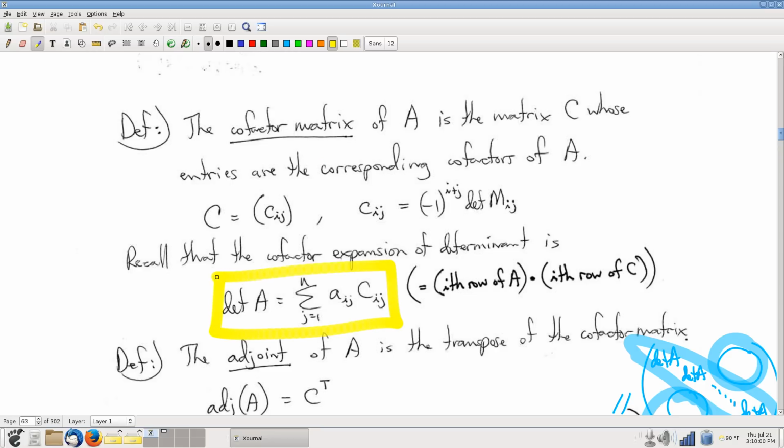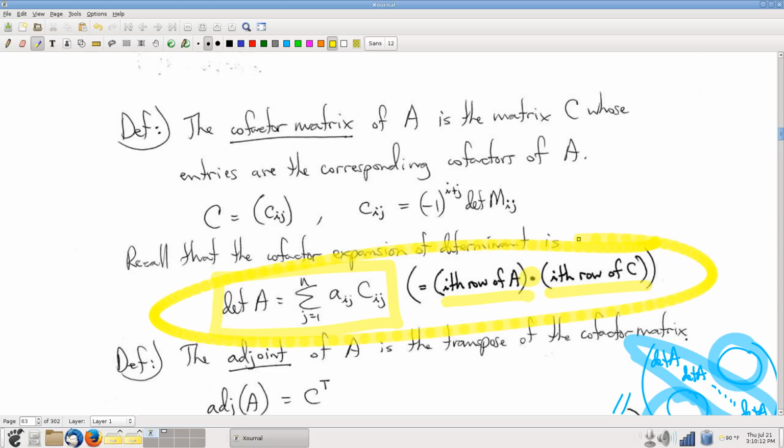The determinant, we've just newly conceived of this formula for the determinant as being a row of A dot the corresponding row of the cofactor matrix. So you see a justification now for writing the determinant in this way.